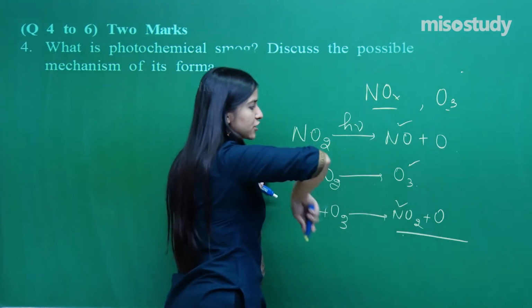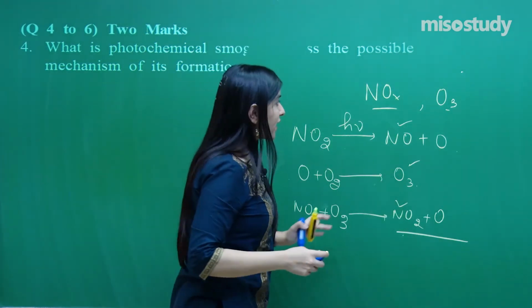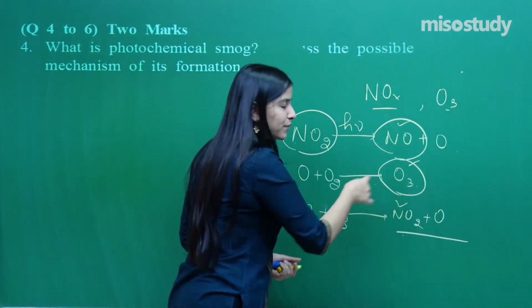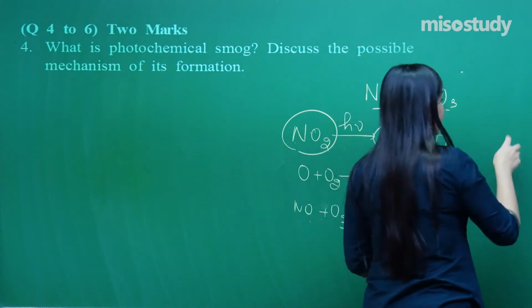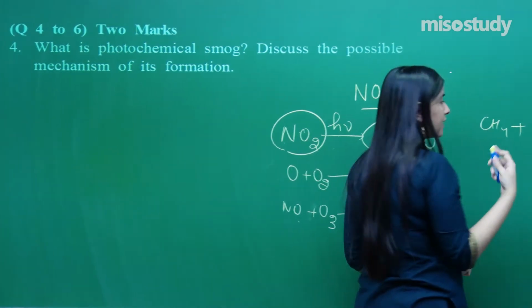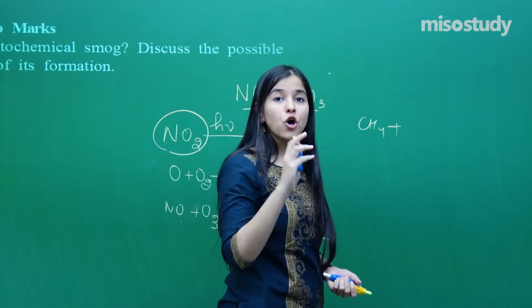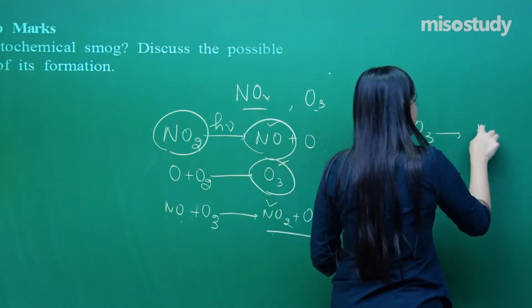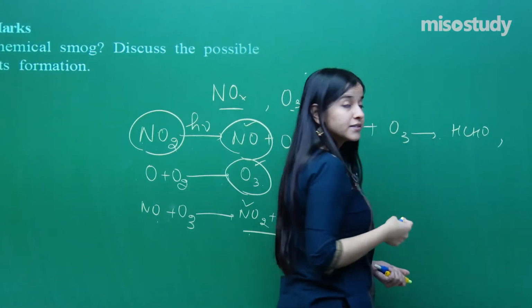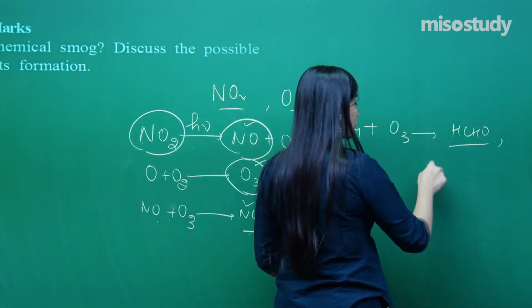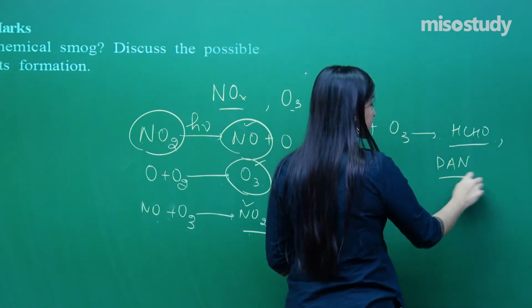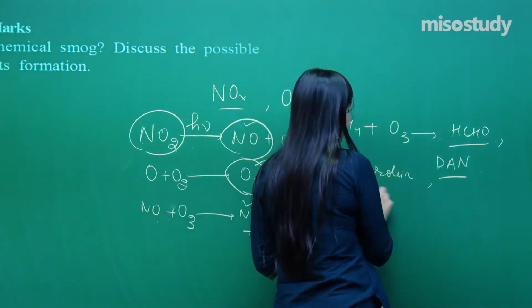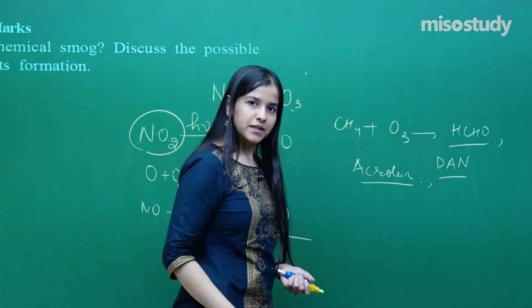Again, there is a chain reaction happening. These pollutants can combine with hydrocarbons, which are very common pollutants in the atmosphere, giving formaldehyde, PAN, which we just discussed, and acrolein, all serving as pollutants.